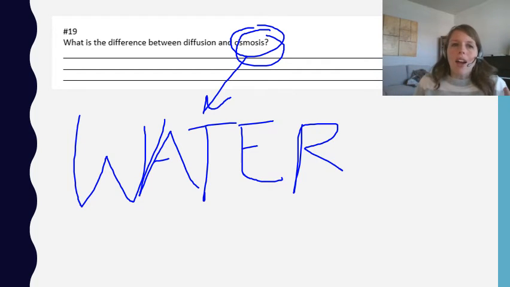So it's the exact same thing as diffusion, molecules moving from an area of high concentration to an area of low concentration, except that osmosis is water, like the water does the moving. So water moves from an area of high concentration to an area of low concentration.